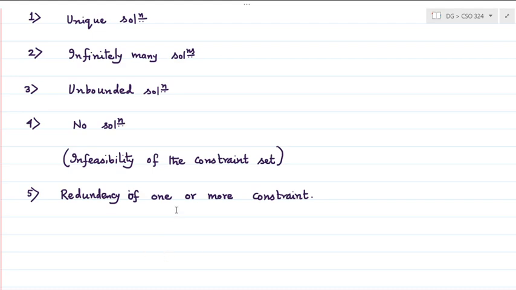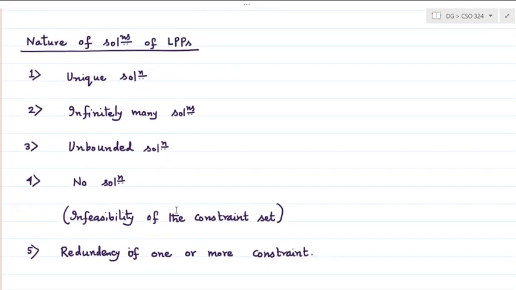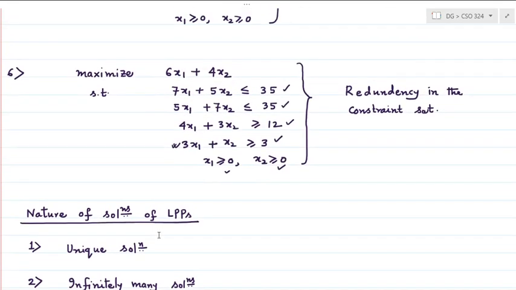Anyway, so these are the five possible natures of the solution of LPPs. Now the question comes: for a two-variable problem, we can quickly graph out the feasible region and find the solution with the help of the graphical method. This is a very easy task. You just graph out the inequalities and then check where the optimum solution can arise. But this graphical way of solving a linear programming problem is not valid for a problem with more than three variables.